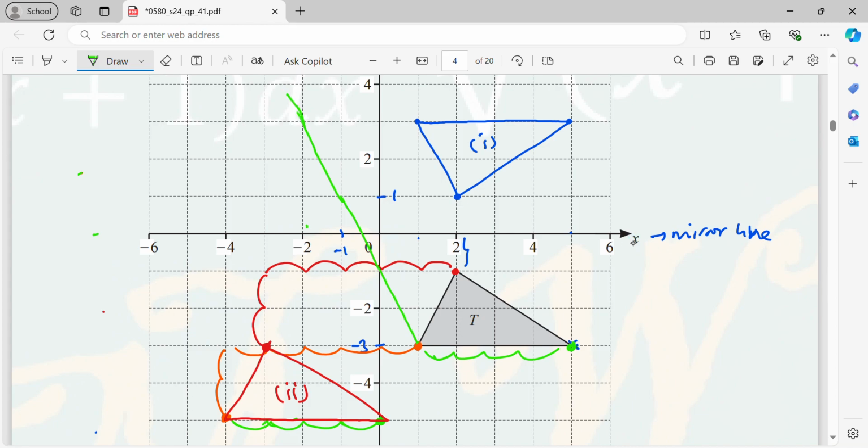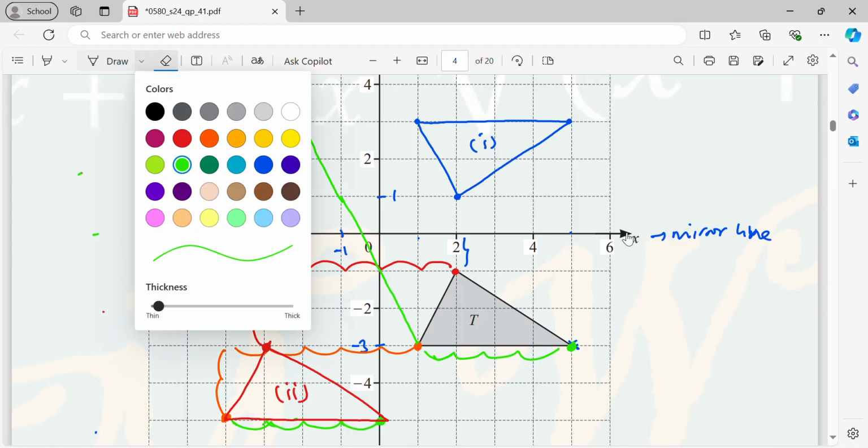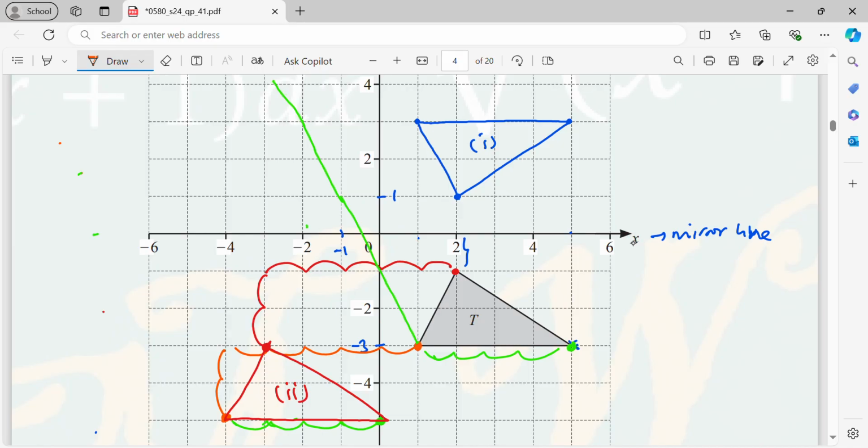So you have to join the points using a ruler so that you get the accurate answer. And then another line is here, just join to this point.